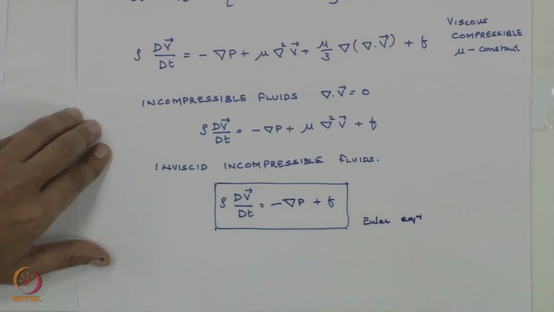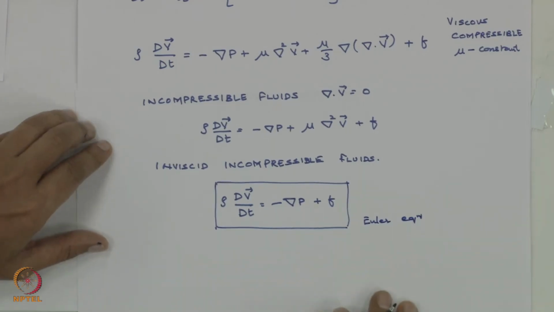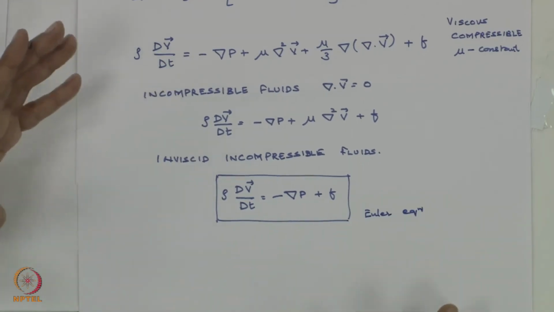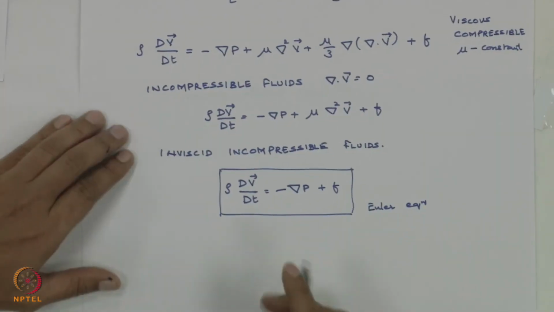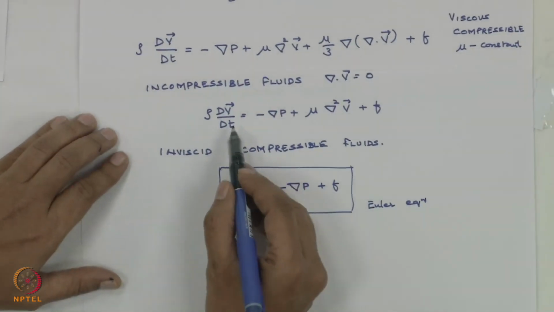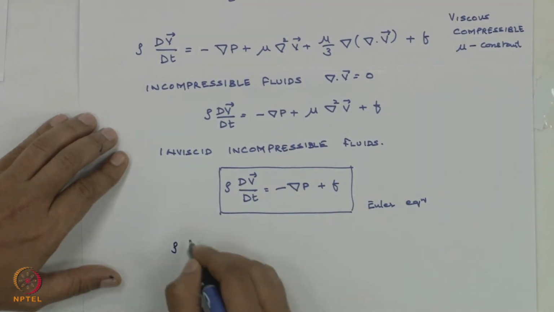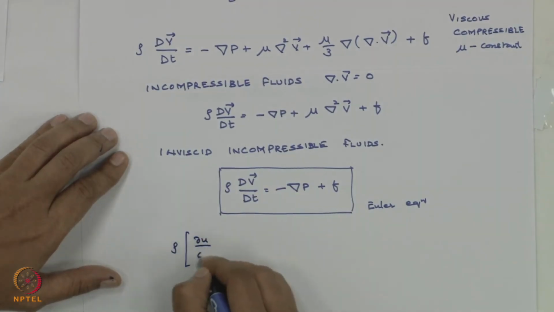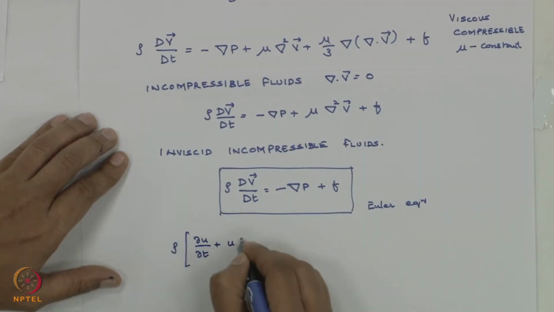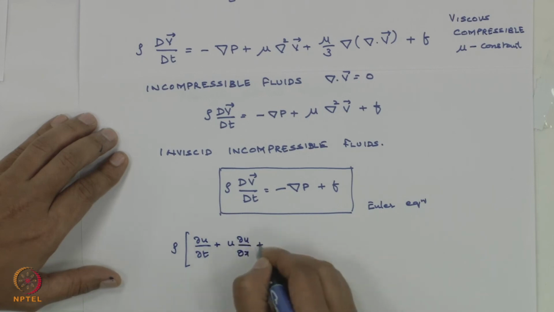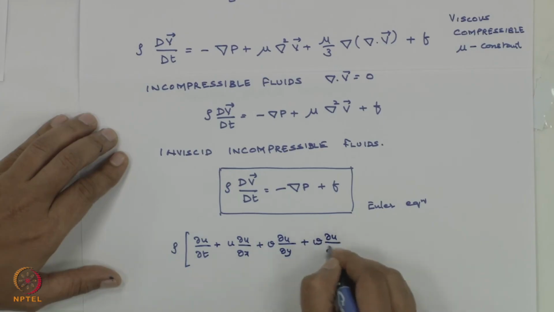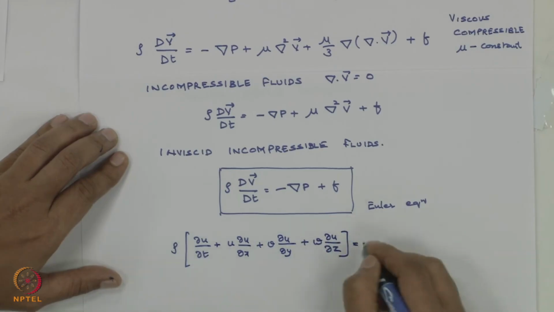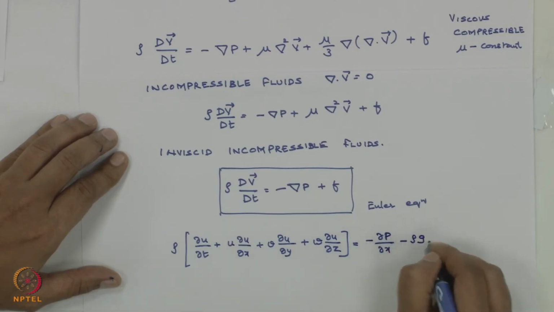So let us do a little algebra, just to get our regular Bernoulli equation. We would like to see how we can get that. If I expand this rho dv by dt, what will I get? Rho times del u by del t plus u del u by del x plus v del u by del y plus w del u by del z is equal to minus del p by del x minus rho g.